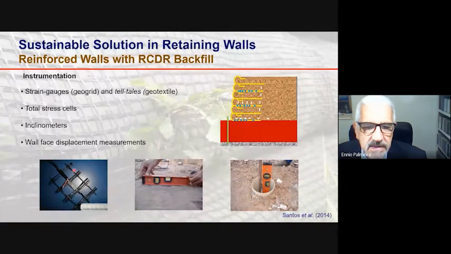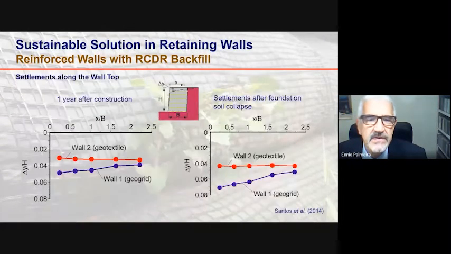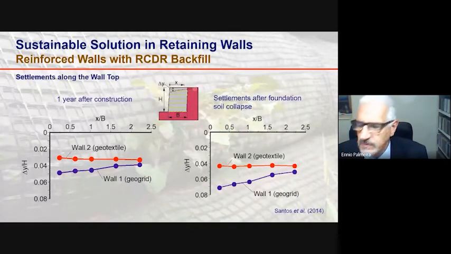And here you see some images, the gluing of strain gauges on the geogrid, and total stress cell installation in the field, and so on. Let's see some results here in terms of settlements along the wall top.